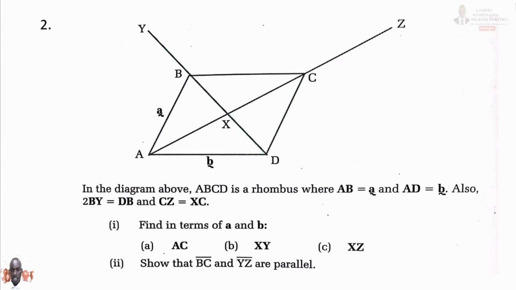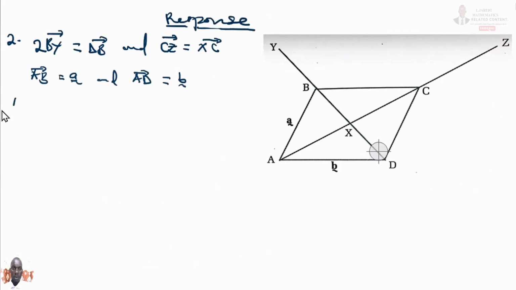We have to determine, in terms of vectors a and b, the vector AC. So Roman numeral 1, we have to get vector AC. From our diagram here, vector AC is from A to C in that direction, and they want us to get it. Vector AC from this diagram is the same as moving from A to B in that direction, and then from B to C in this direction. So it means that vector AC equals vector AB plus vector BC.